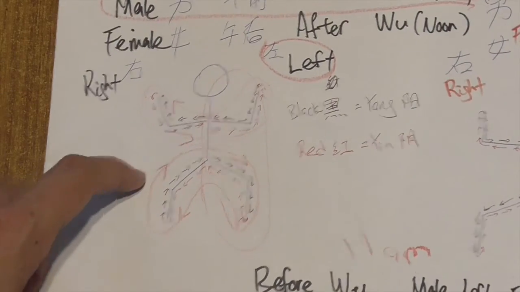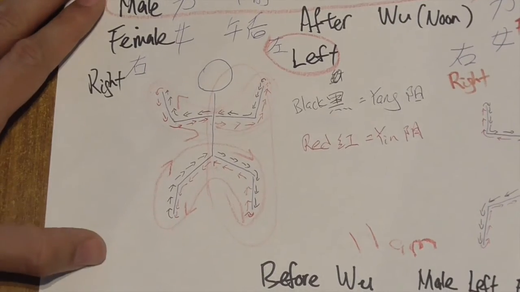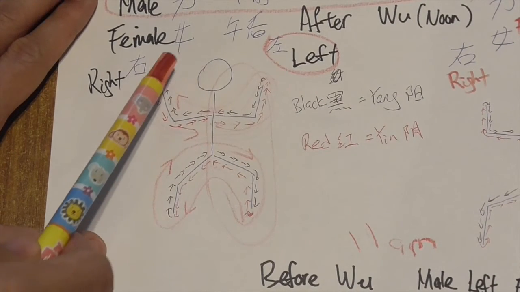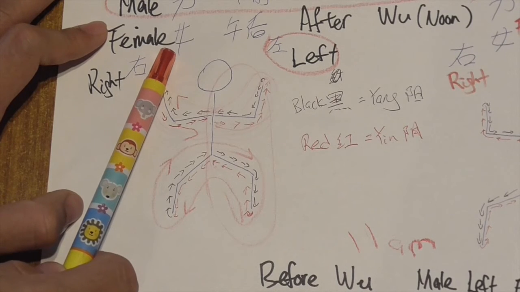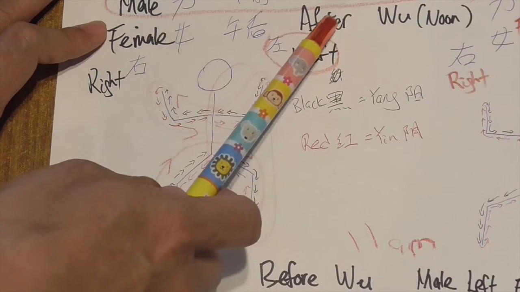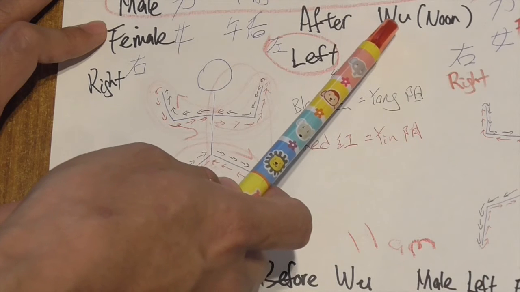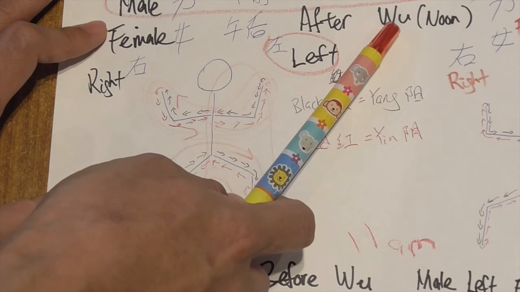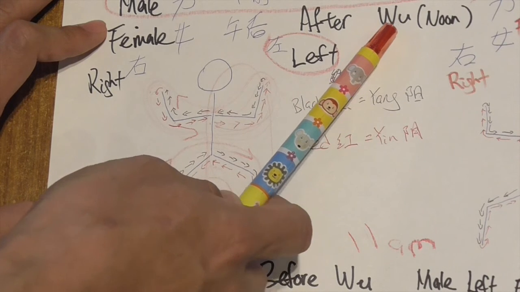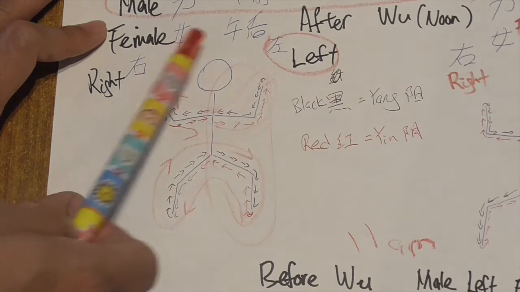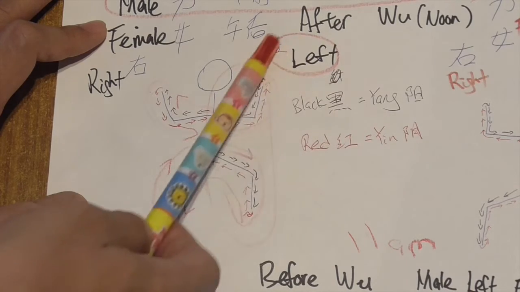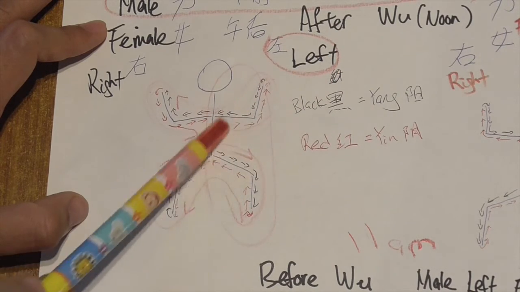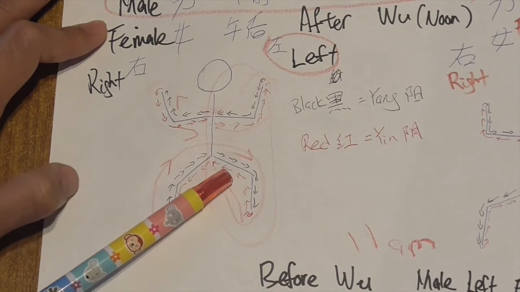Now, let's have a look at this map. Female after 11 a.m., female left side, same as what you have memorized from the school.